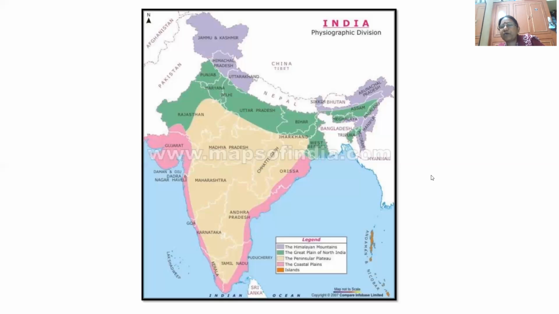If we talk about some of the important peaks or hills in this region, we have Anaimudi and Dodda Betta in the Western Ghat region. Anaimudi is approximately 2,695 meters high, and Dodda Betta 2,637 meters approximately.